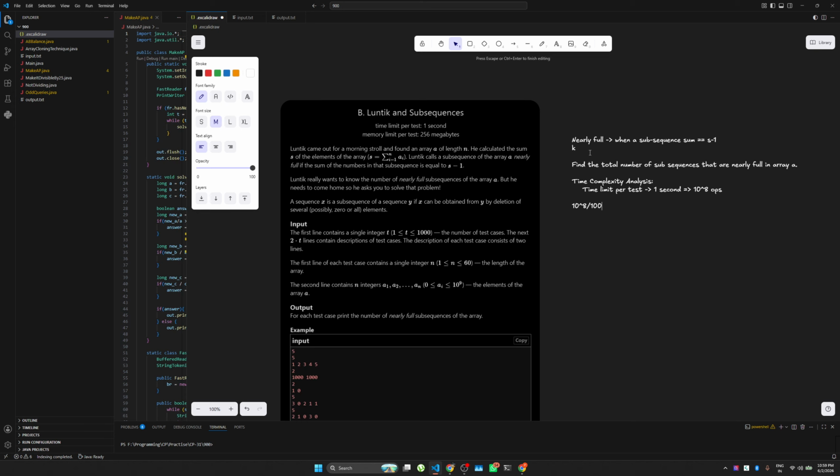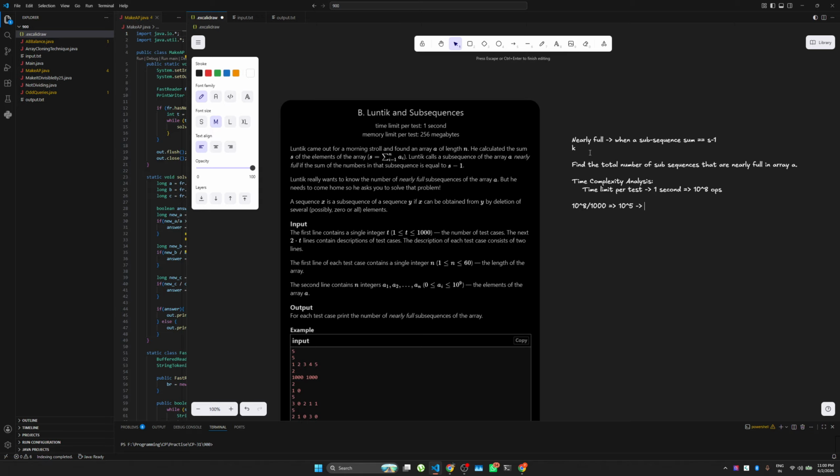The max number of test cases that we can have is 1000, and the total limit including all the test cases is 10 to the power 8.